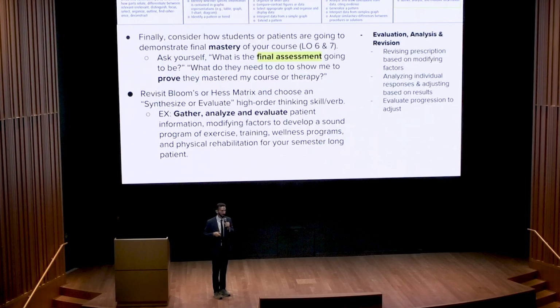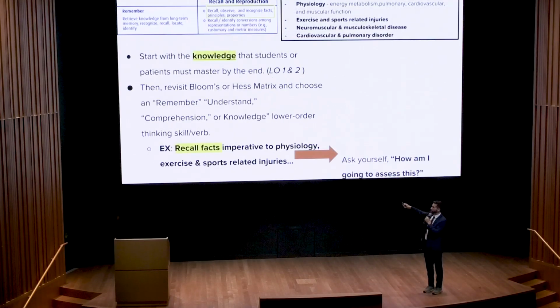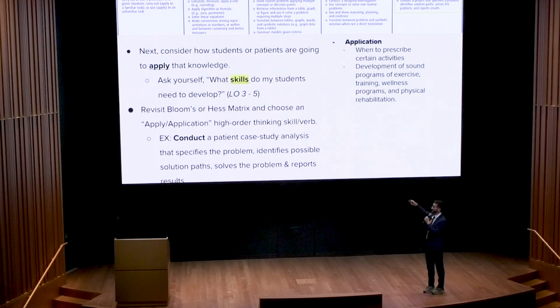I also want to be really clear, like I said before, I suggest 5 to 7 learning objectives. Yours might be more based on what your course is and what it is you need to assess, or it might be less, all right? But again, this process really took us by starting with what is the necessary knowledge I need students to gain, what are the necessary skills I need students to gain, and building our objectives based on that.